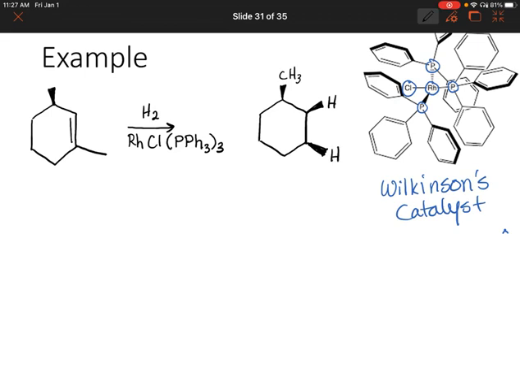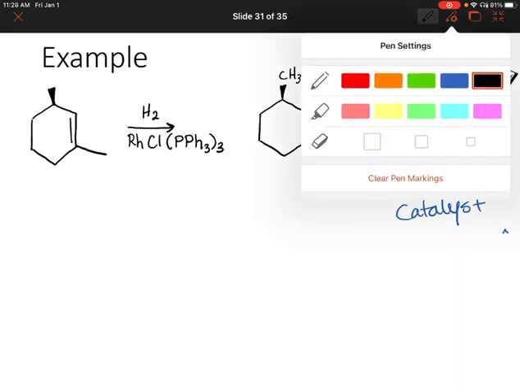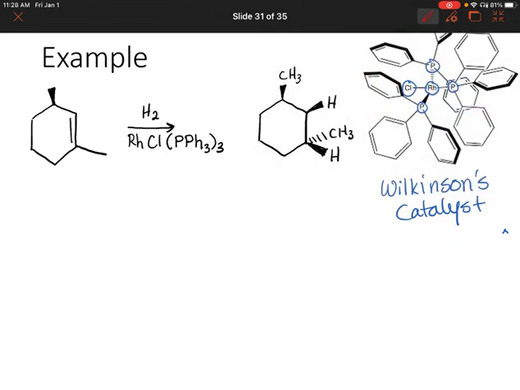And then we have that other methyl group, which will now be behind the plane. So we actually have 2 stereocenters in this product, right? We have the one at the top, and then the one kind of to the bottom right-hand side.